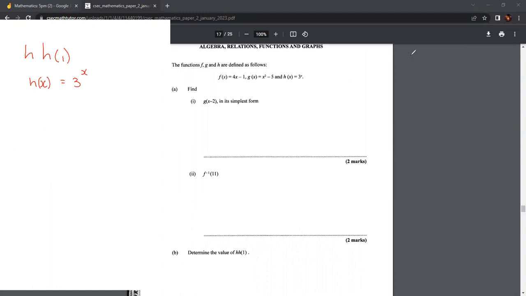So what we can do first is find out what h of 1 is, which means wherever I have x, I'll substitute it with 1. So h of 1 is 3 to the power of 1, which is 3.